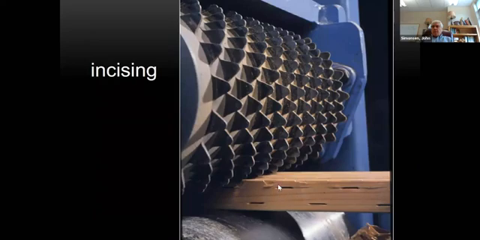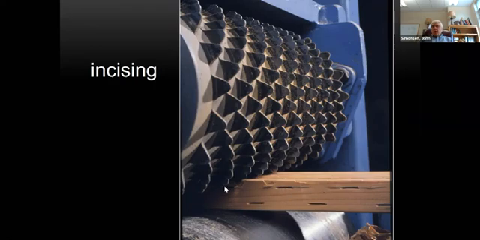You're just cutting slits into the wood. If you've watched the treatment lab, we had an example of incising because there was a staple in one of the samples and I just left it there to see what would happen. We definitely got better penetration where we had those staples. So you just run the wood through a set of knives and cut holes in it.